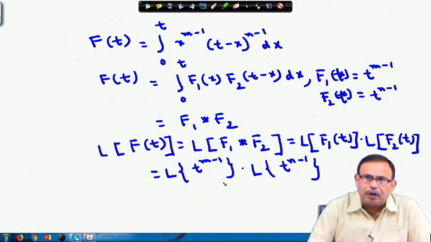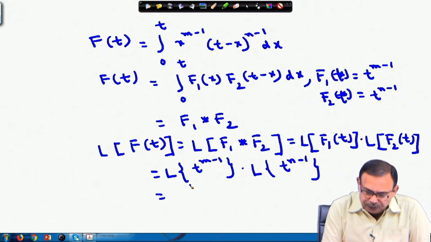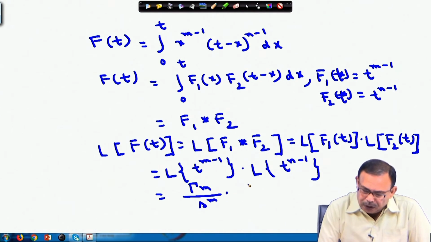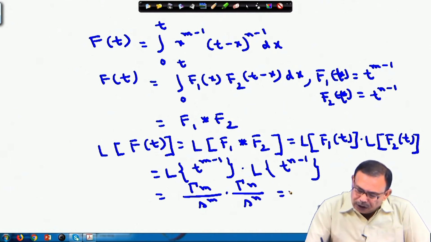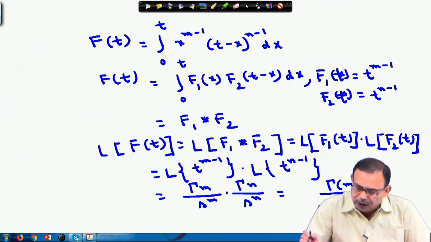Now, we know the Laplace transform of both the functions, and this equals gamma m by s to the power m into gamma n by s to the power n, so that I can write it jointly as gamma m into gamma n by s to the power m plus n.